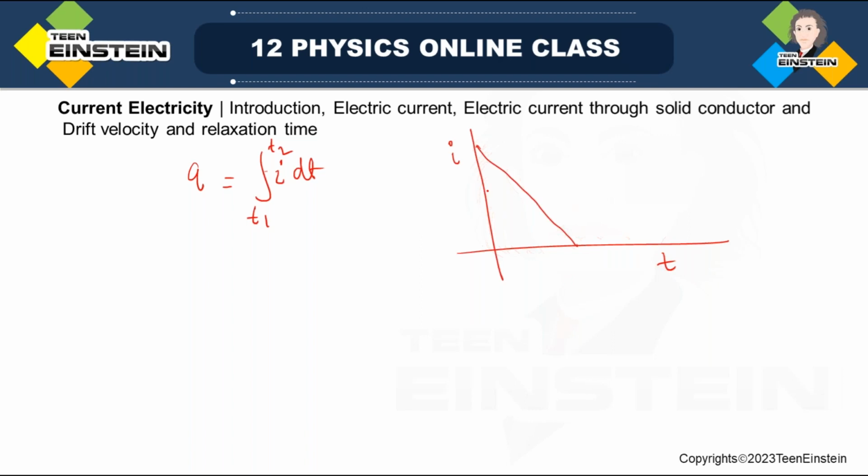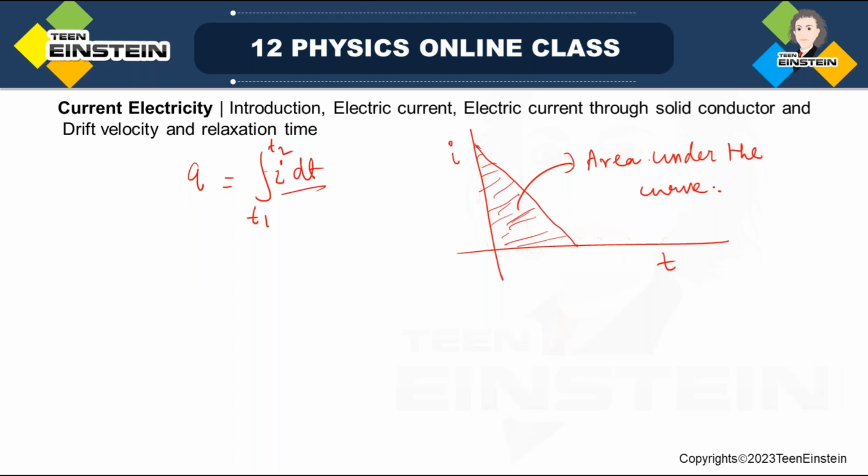So what is the charge flowing in this? How do we find out? I dt means the area under the curve. So this area under the curve gives the amount of charge.